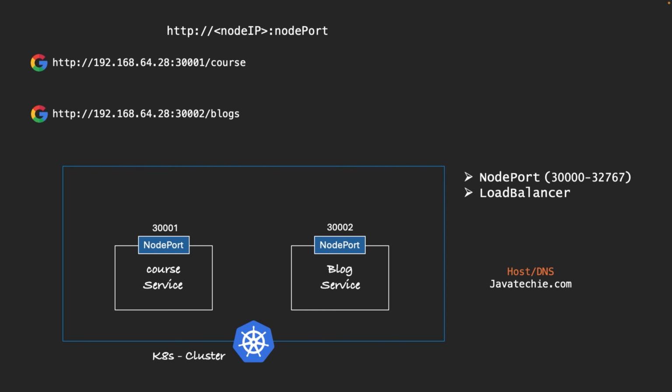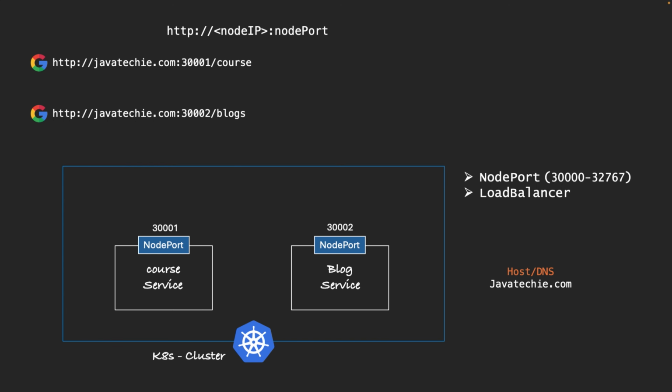I can map the IP to my DNS so that users can access the service using javatechie.com. Similarly, users can access the blog service using javatechie.com and then the node port. By mapping the DNS to the IP, we are not forcing users to pass the IP address manually; they can access it directly using the host name.